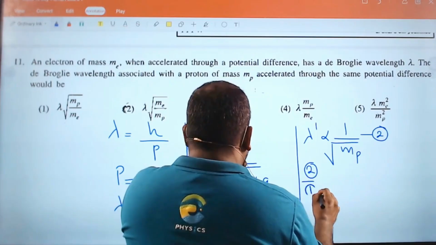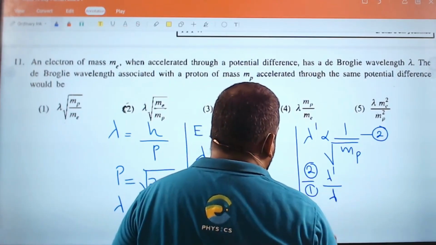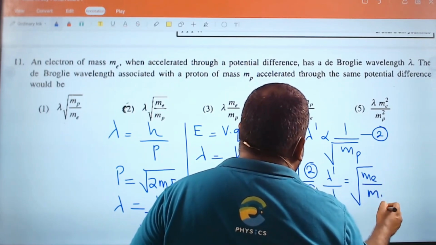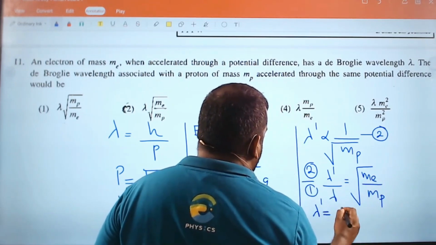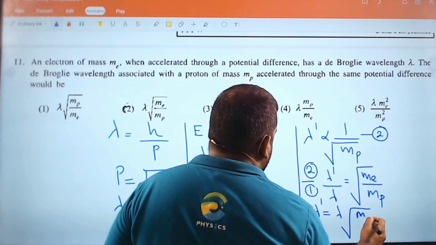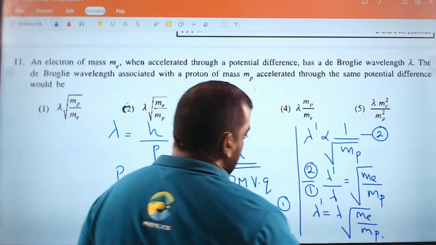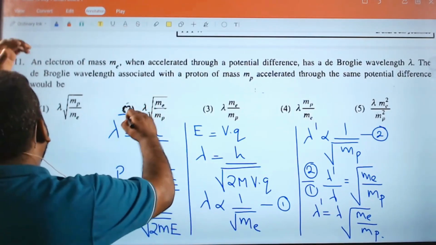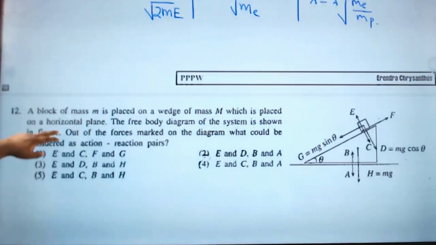Divide the second equation by the first, lambda dash over lambda equals square root of me over mp. Lambda dash is lambda square root of me over mp. Check and see whether you have that answer. Answer is there, no? Answer number 2. Right, moving on.